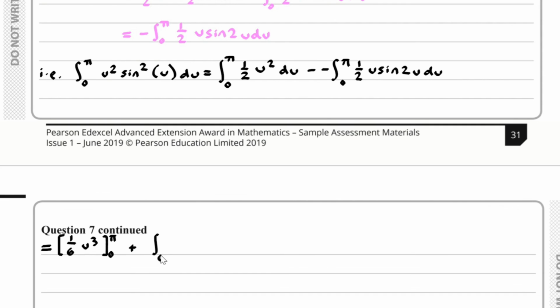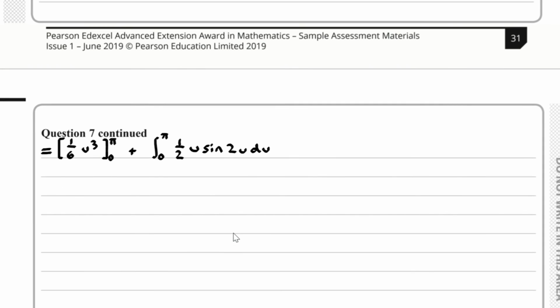Then I've got the integral from 0 to pi. And then here, I'm integrating 1/2 u sine 2u du. Now, here, I'm going to end up with pi cubed divided by 6.